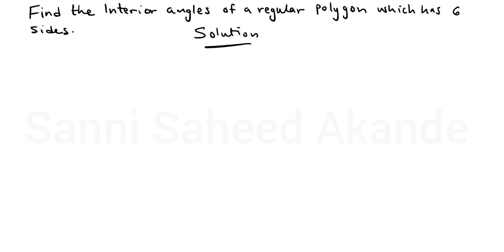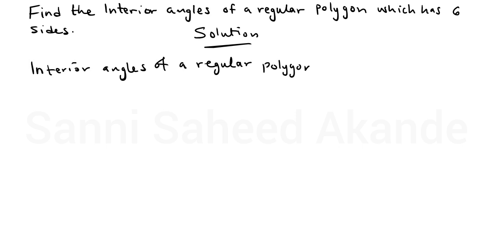All right, so for you to find the interior angle of a regular polygon, this is the formula you use: interior angle of a regular polygon is equal to (n minus 2) multiplied by 180 degrees, then divided by n.